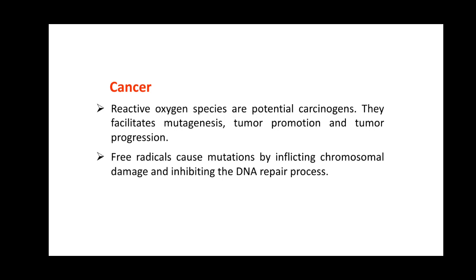And last, cancer. Here the reactive oxygen species are potential carcinogens, facilitating mutagenesis, tumor promotion and tumor progression. The free radicals cause mutations by inflicting chromosomal damage, directly damaging the chromosomes and inhibiting the DNA repair process.